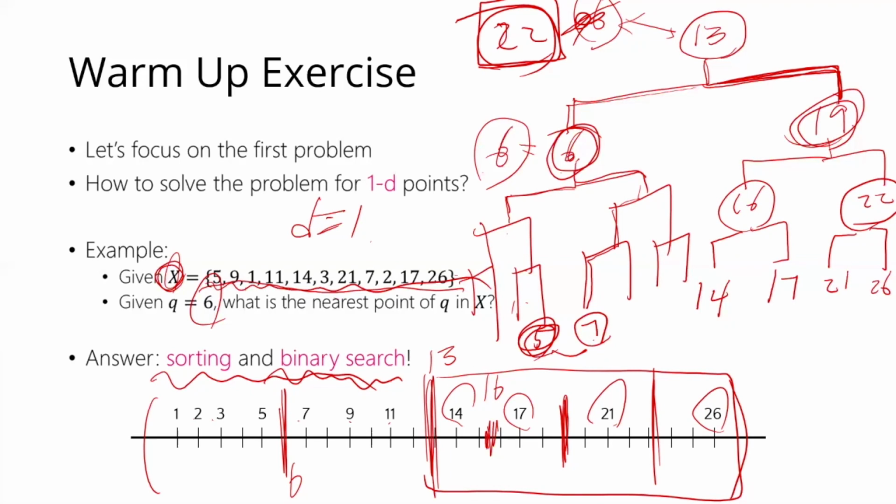Let's go with 23, okay? Let's say the query point was 23, and 23 is bigger than 13, so you go on the right, and then the query point is still bigger than 19, so we go on the right, and then 23 is bigger than 22, so we still go on the right, and on the right of 22, we have 26, okay?